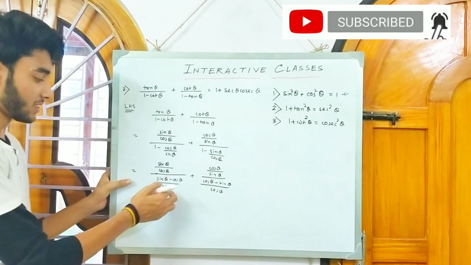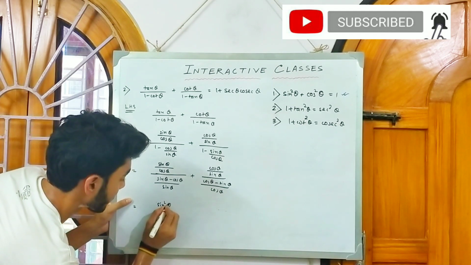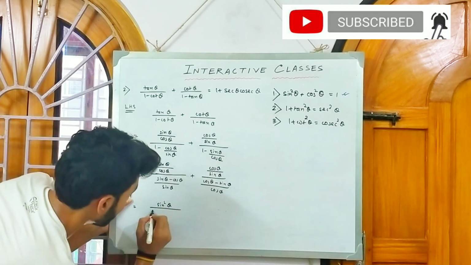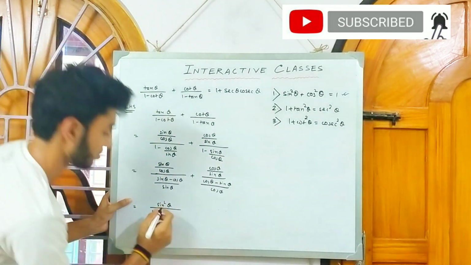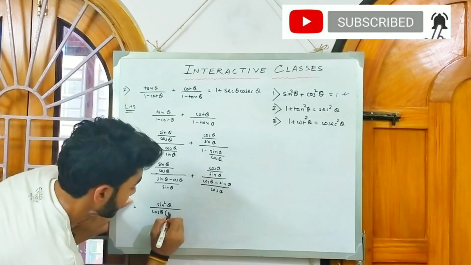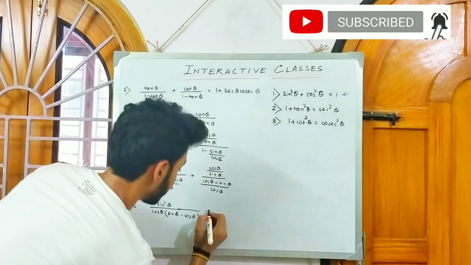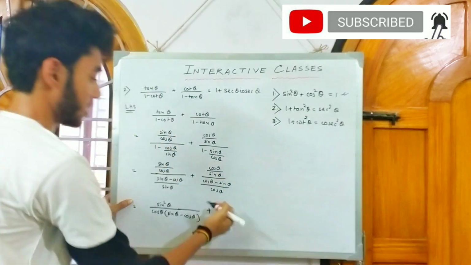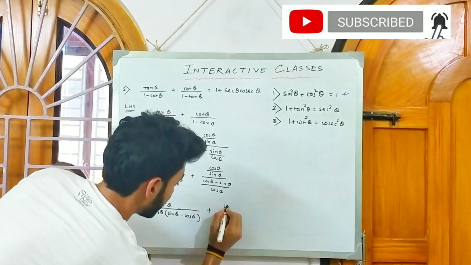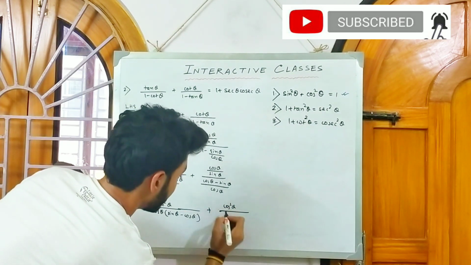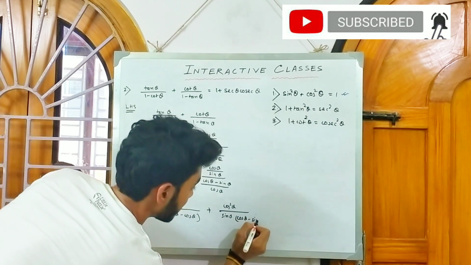Now sin theta will go up, so it will become sin square theta, and sin theta minus cos theta will stay with cos theta. And in the second term, cos will go up and become cos square theta, with sin theta into (cos theta minus sin theta).